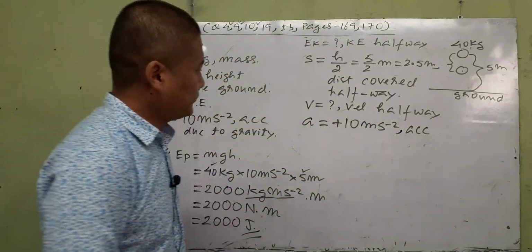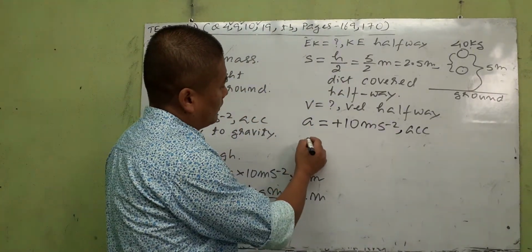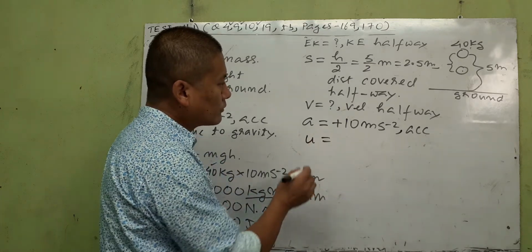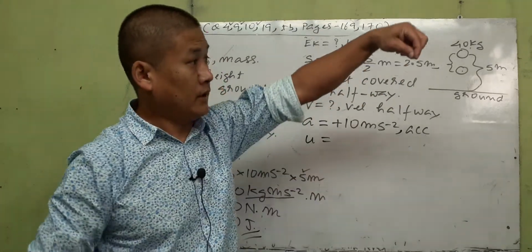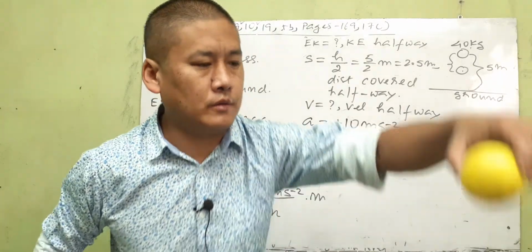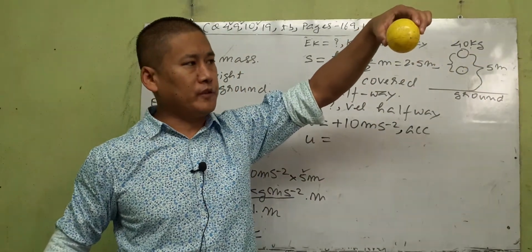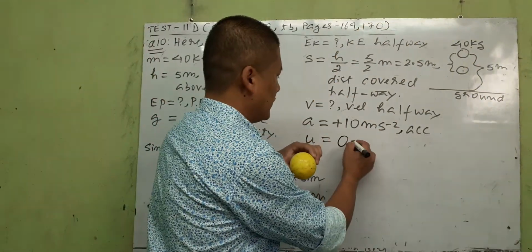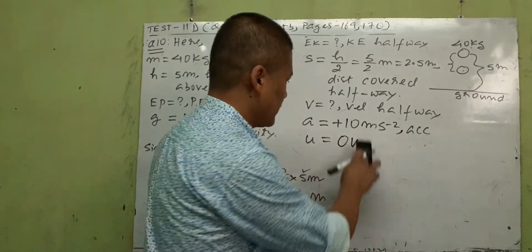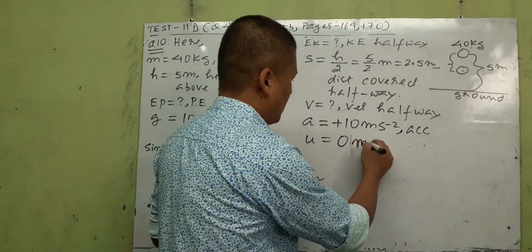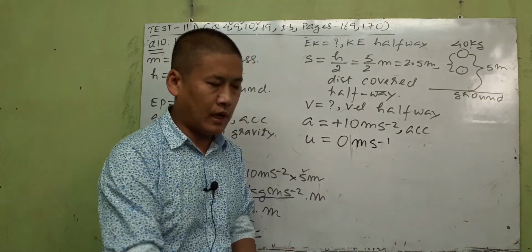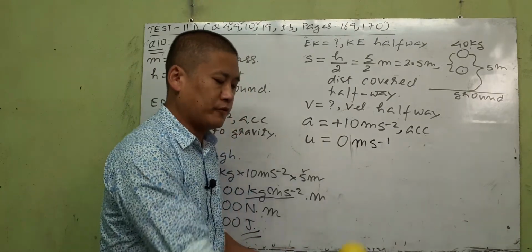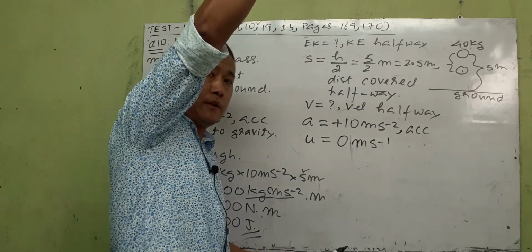So next here, u will be for an object that is dropped. You see here, before you drop this ball from the height, it's not moving, means initial velocity will be 0. But if you throw this ball up, initially it was moving, but when it comes to the tallest height at 5 meter, it will stop.